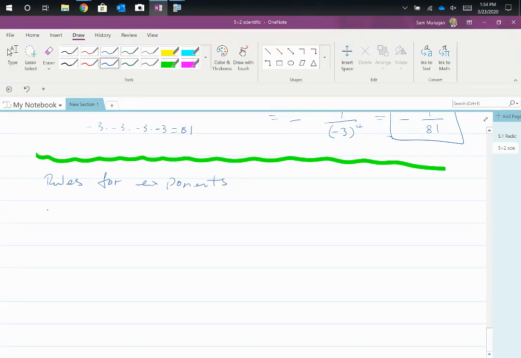I'm going to just list them here. x to the power negative n, if we write this as a reciprocal, becomes x to the power positive n. And this rule also works backwards. x to the power negative n becomes x to the power positive n.